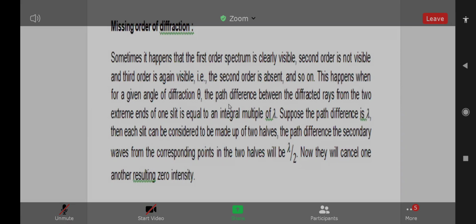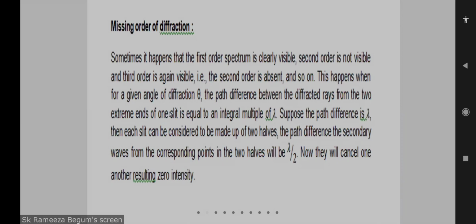Why does it happen? This happens when, for a particular angle of diffraction theta, the path difference between the diffracted rays from the two extreme ends of one slit is equal to an integral multiple of lambda.